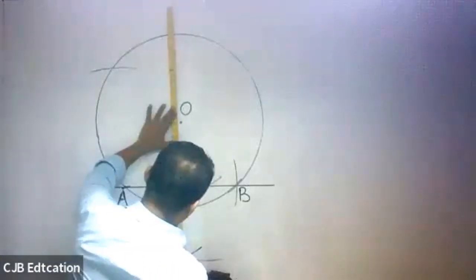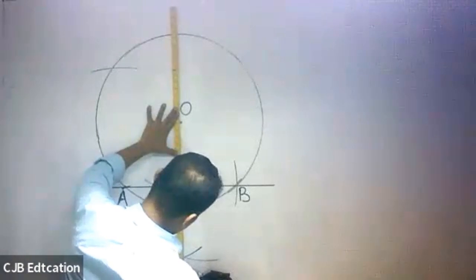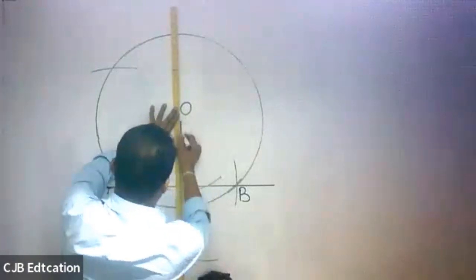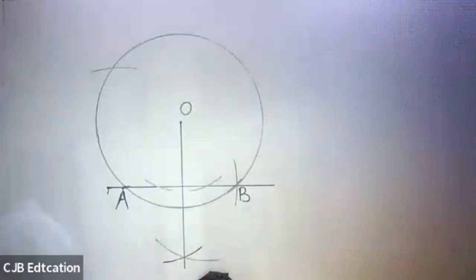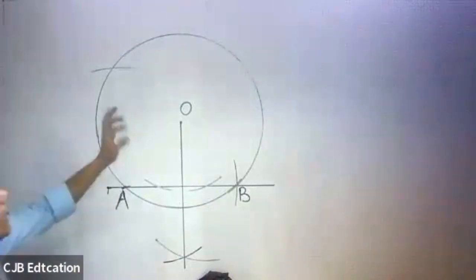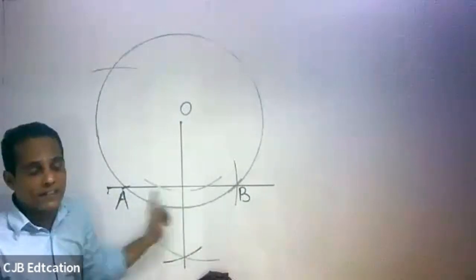That is the thing you have to do according to the question. This is the way to construct a perpendicular line from center O to the AB straight line.